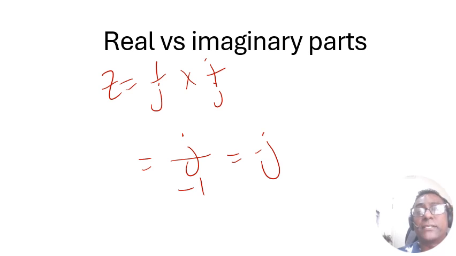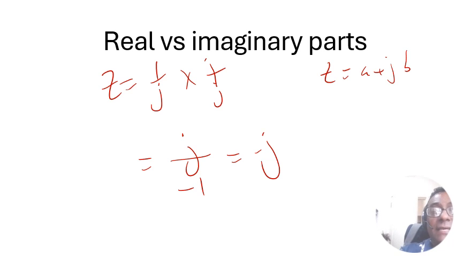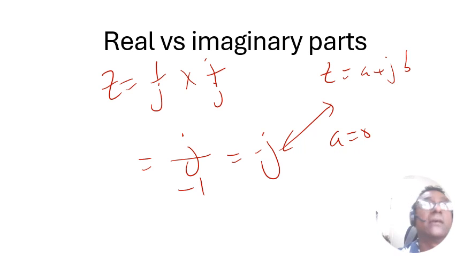If you write this in the form a plus jb, just to compare, you clearly can see that a is 0, which means the real part of this complex number 1 over j is 0, and then the imaginary part is going to be what? Not j, not minus j, but -1. And there we have it.